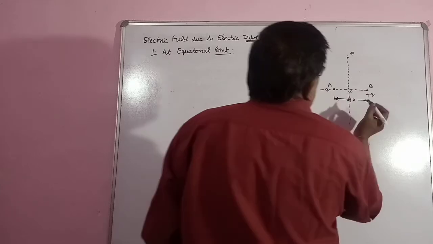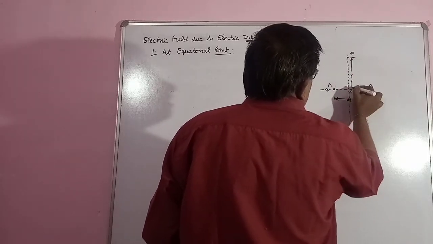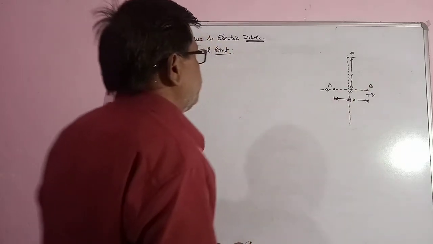From the center of the dipole, this point is at distance R, at distance R apart from O.